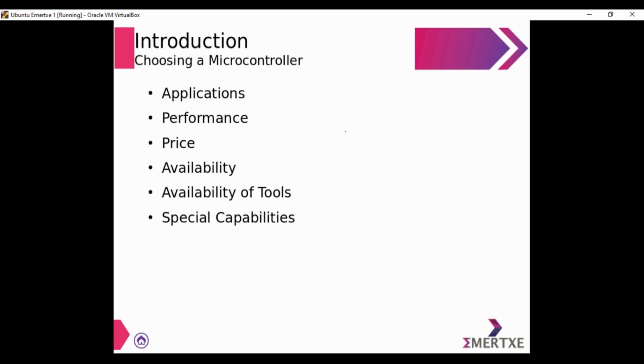So that is why, whenever you are supposed to choose a microcontroller, you should always search for the end of life. There is something called end of life for every microcontroller, which will be specified, and which says this is the time for which you will get this particular microcontroller.